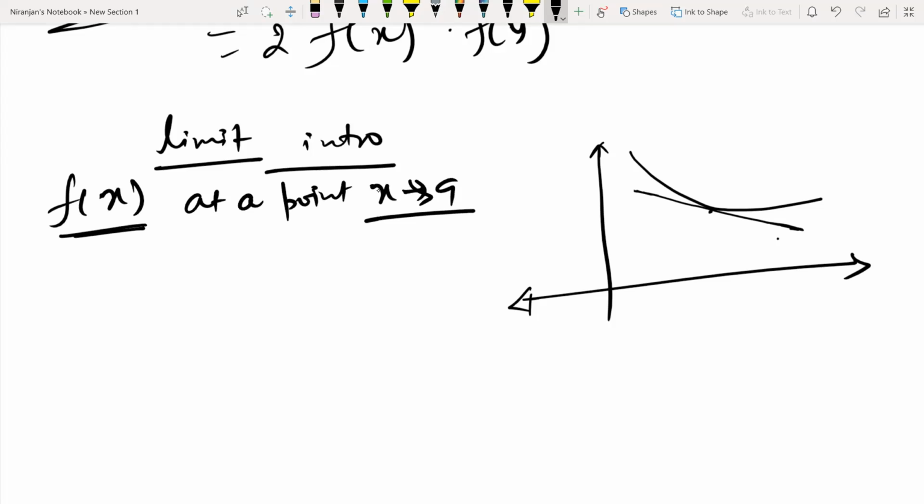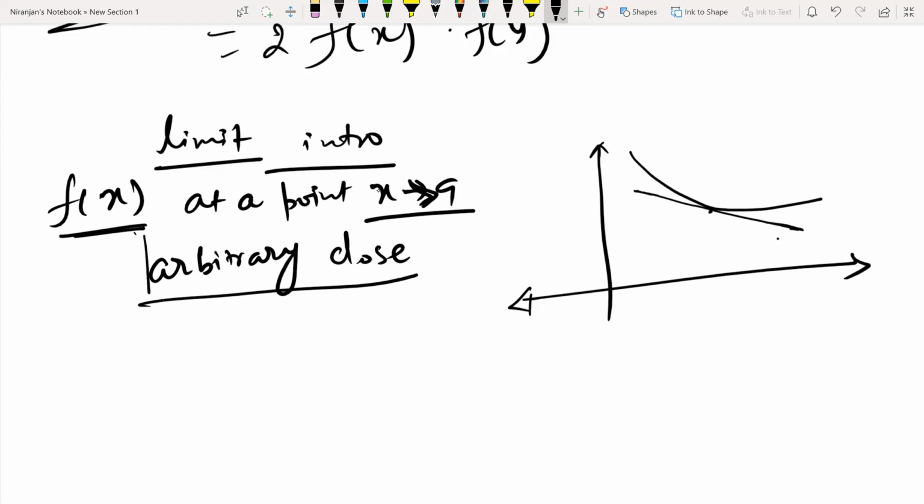Why am I saying x tends to a? There is this word that you guys are going to use in mathematics a lot. At every point in microeconomics and mathematics, you are going to use this word, arbitrarily close. So what exactly does it mean?